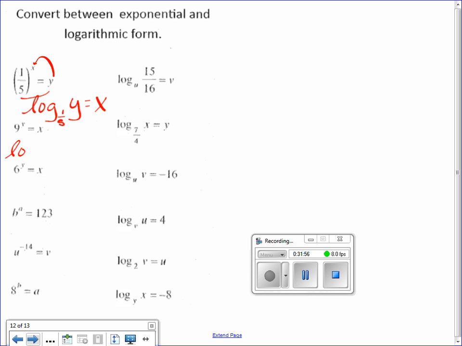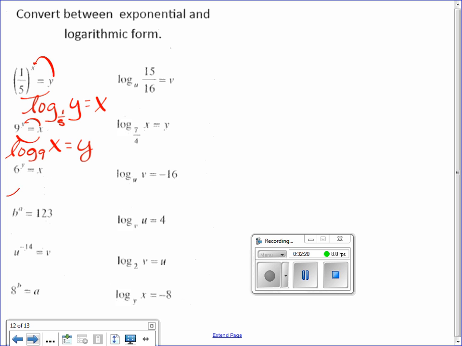So on this one, log base 9 of x equals y. Again, it's the same order. You're going to write this number, and then this one, and then this one. Loopy swoopy. So in order, I'm writing log base 9 is the first one of x equals y. So it's the same loopy swoopy order that they're going in.